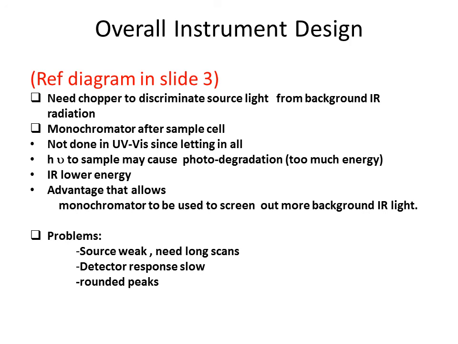The advantage is that the monochromator is used to screen out more background IR. What are the problems with the instrument, which is already shown to you in the slide? The sources are weak, so we need long scans because IR sources are very weak. The detector response is slow, and rounded peaks are also going to be a problem.